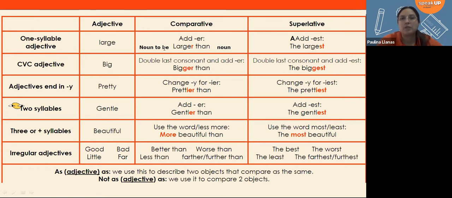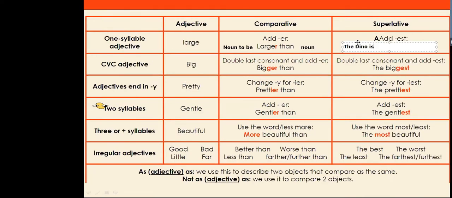And the superlative, when we make the adjective a superlative, instead of adding er, we add est. And we use the article the, because the means one, like the one. So in this case, we will say that the dino is the largest animal.